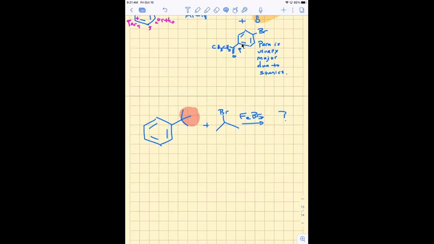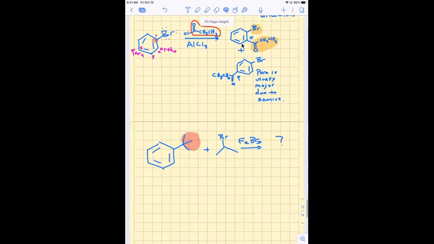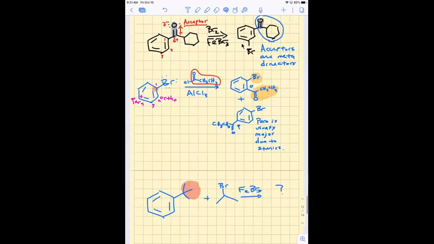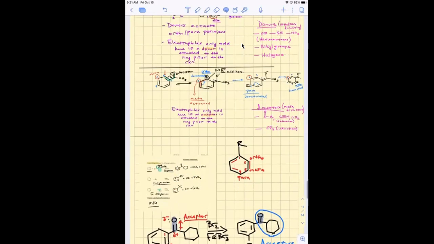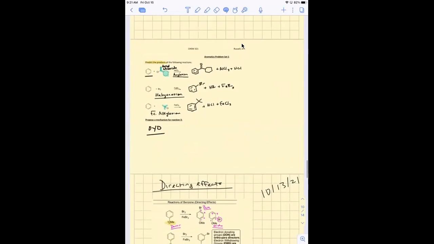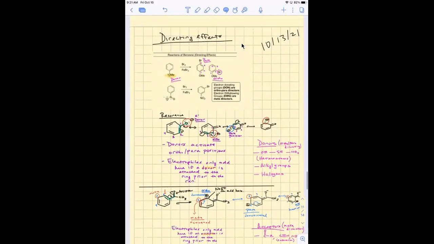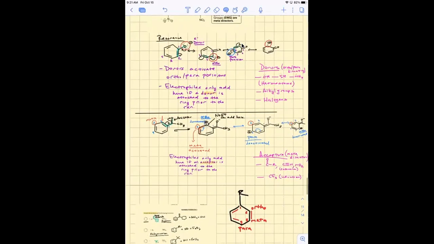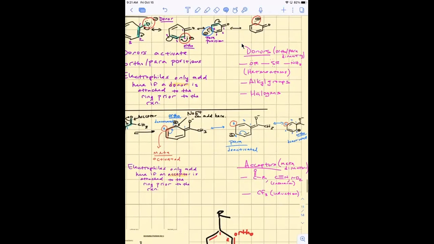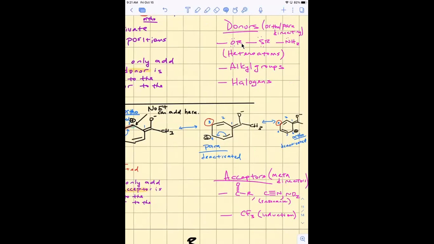So let's go back up to here. Donors are heteroatoms with lone pairs, alkyl groups, halogens.